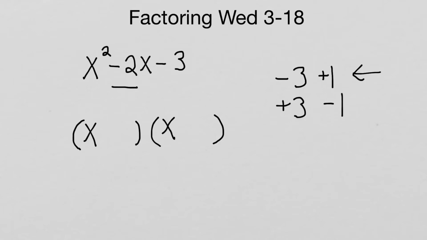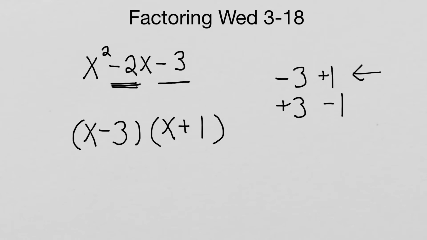Now watch what you do. I go over to my open parentheses and I put in the minus 3, the plus 1. I'm done. All right? Key points. You put together a list of all the numbers that multiply together to give you negative 3. Then one of those sets will add together to give you negative 2.